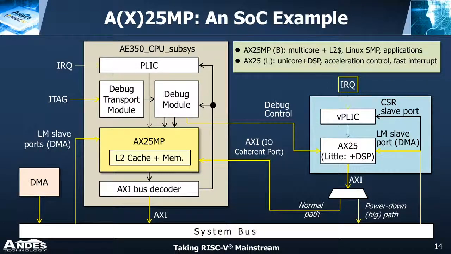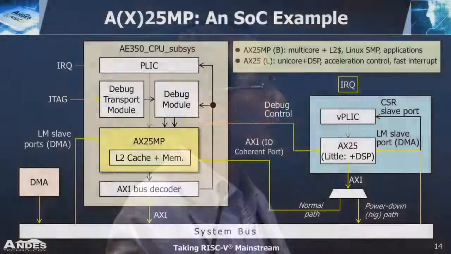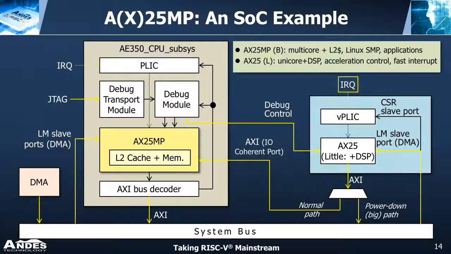And like I mentioned, we supply a kind of CPU subsystem. So a pre-configured subsystem can be supplied from Andes. It comes with the core, the platform level interrupt, some debug module, and XI bus decoder.